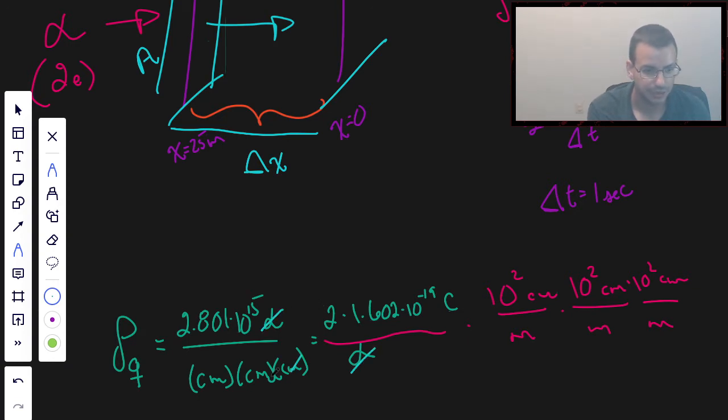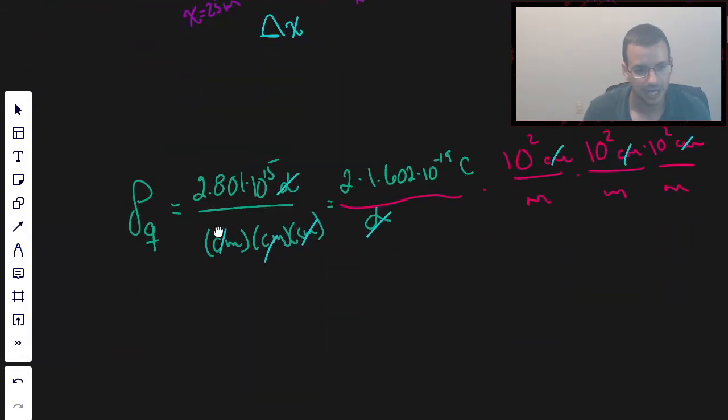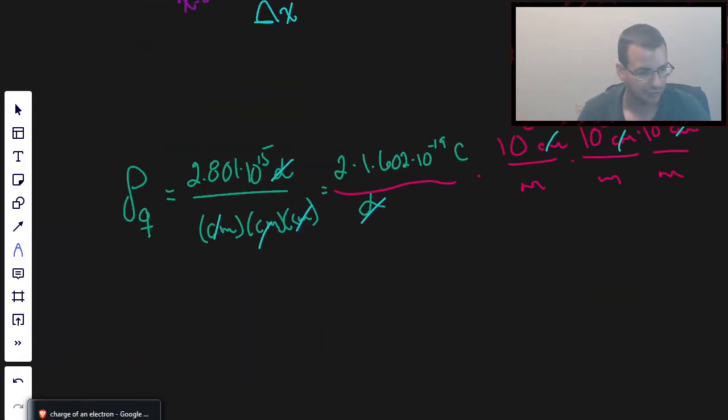All right, so now we're going to do some canceling. Alphas cancel, the centimeters all cancel, and we are left with a charge density of, let me head over to Wolfram real quick.